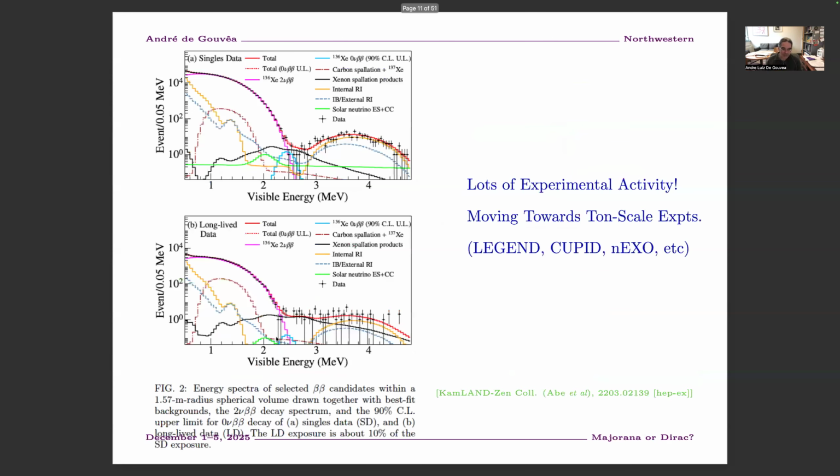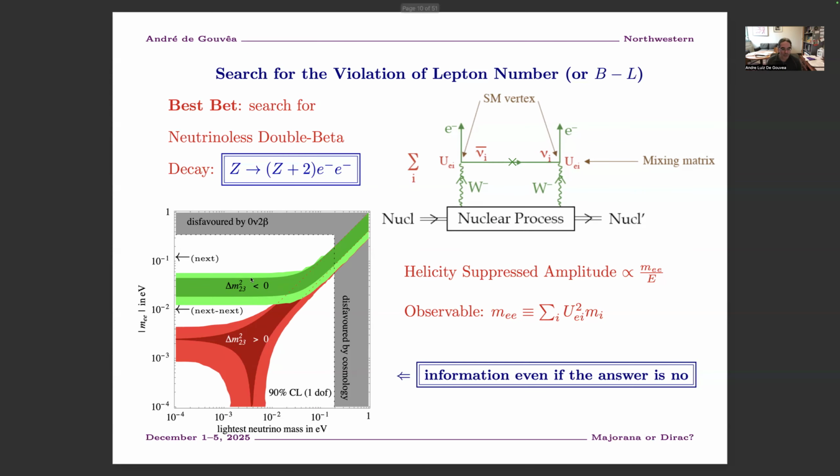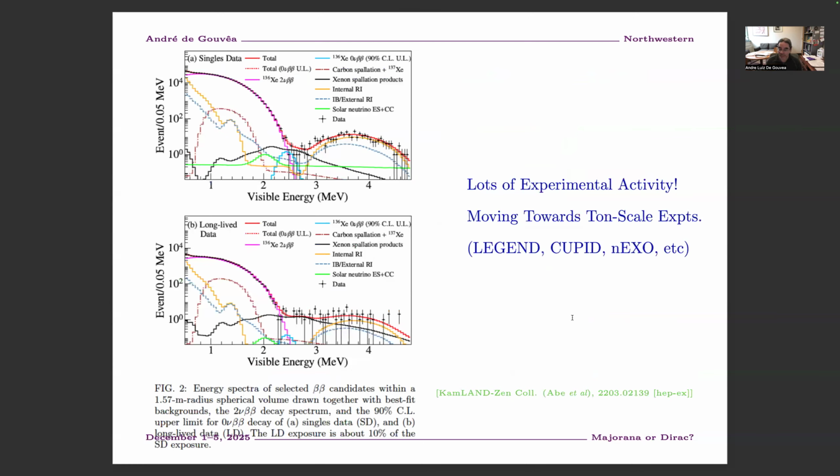And what experiments are doing is they are in the process of probing this green band, and they're thinking about how can we build experiments that give us sensitivity beyond where this green band lies. So there's a lot of experimental activity, which I'm not going to talk about in any detail. There's several experiments currently taking data, and there's a whole bunch of ton-scale projects that are being thought of and designed and funded and so on.